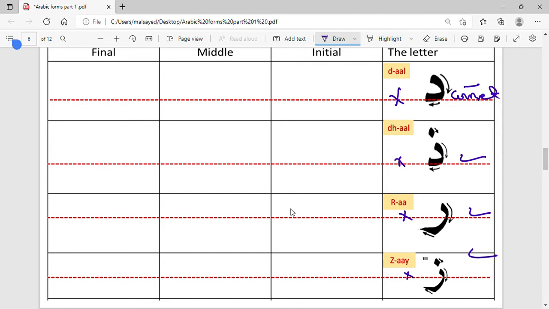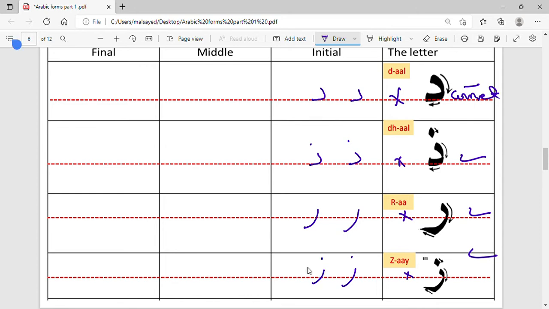Therefore, their initial form looks very similar to their independent form because these letters don't connect with after. So the initial form of the dal will look identical to the independent form. This is the initial form of the dal, the initial form of the ra, the initial form of the zai. Why?